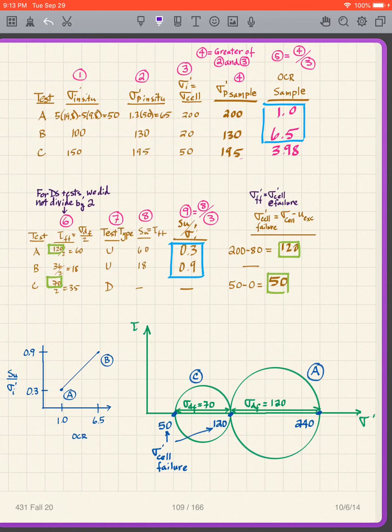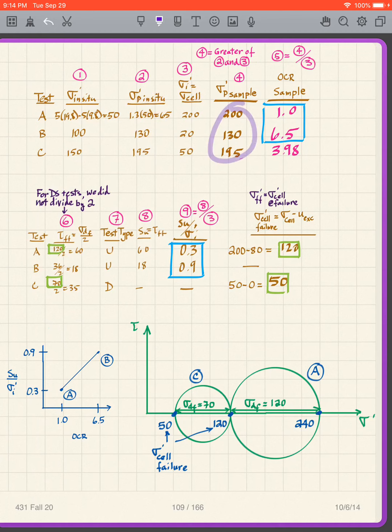Since we took our first sample and loaded up to 200, it's greater than what it felt in situ, 65. That's why that number is 200, whereas for these, the greatest stress was what was in the ground in situ, because in the lab, we didn't put that full stress on. Now, that could be deliberate, it could be by mistake, a lot of different things happen. So we just need to analyze the test properly.